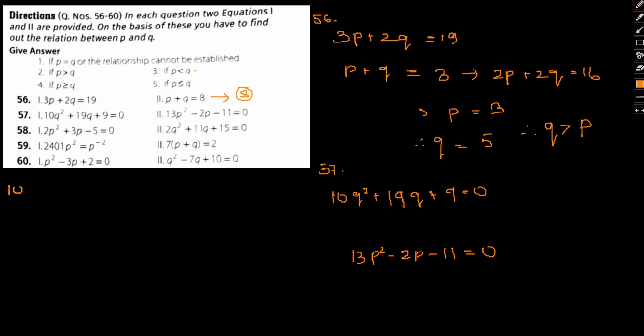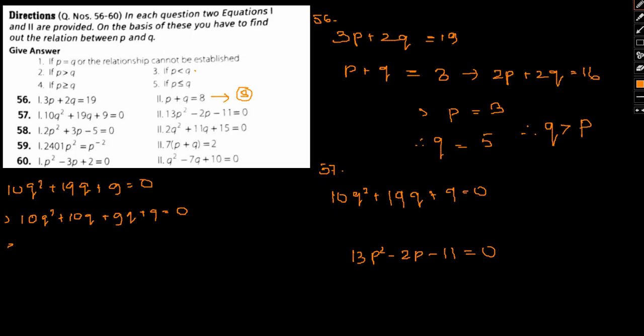This first equation can be written as 10q square plus 10q plus 9q plus 9 equal to 0.